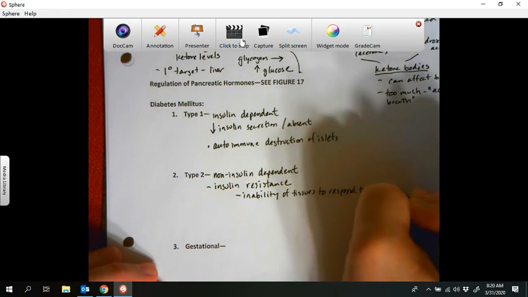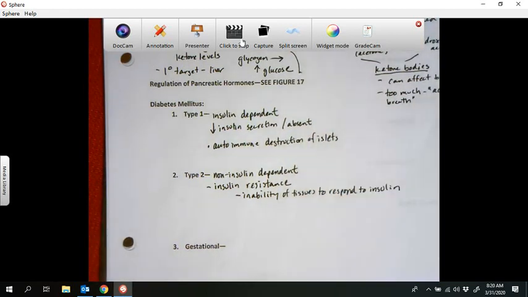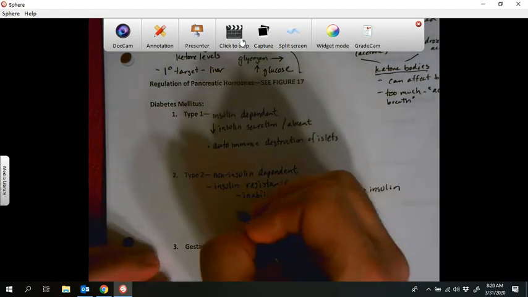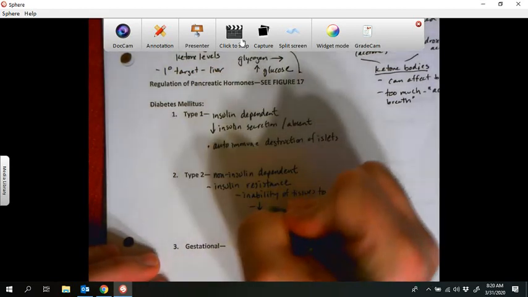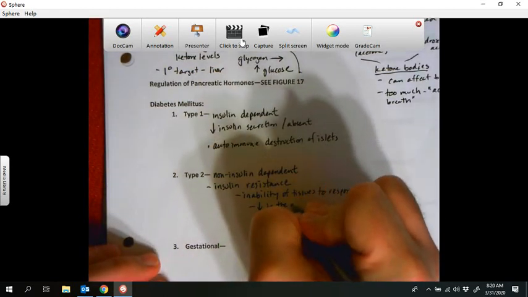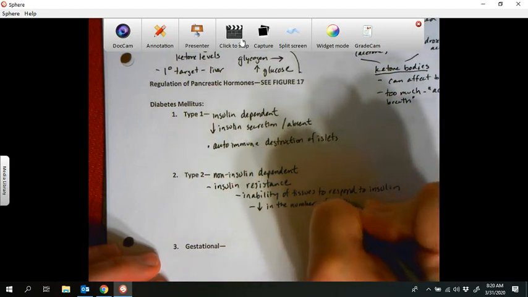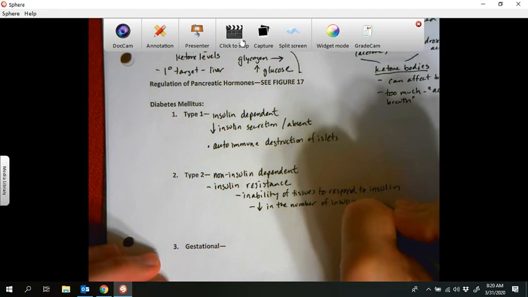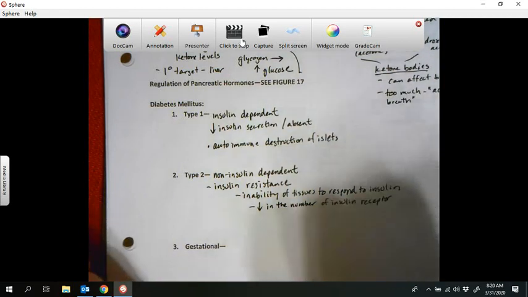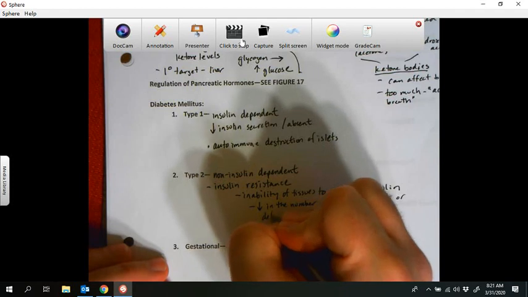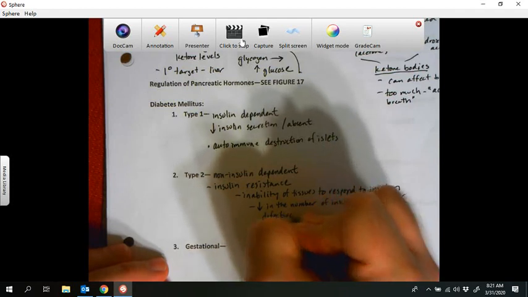So the body is still making insulin. The pancreas, the islet cells can make the insulin, but the tissues do not respond to this hormone. And that is due to a decrease in the number of insulin receptors, or sometimes there are defective enzymes.